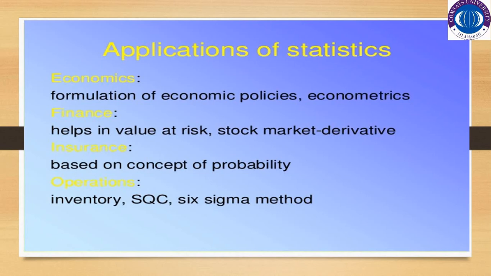Finance uses it in value at risk and stock market derivatives. Insurance is based on the concept of probability. In operations, it is used for inventory, statistical quality control, and the Six Sigma method. All these are some fields or areas in which statistics can be used.